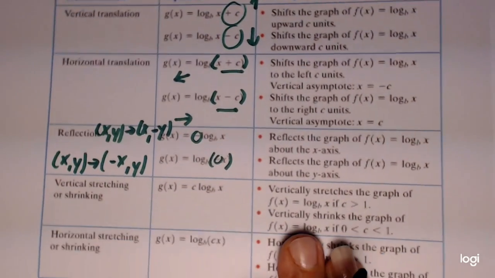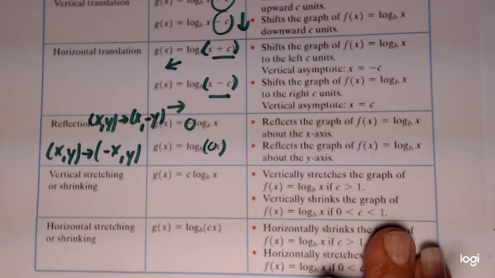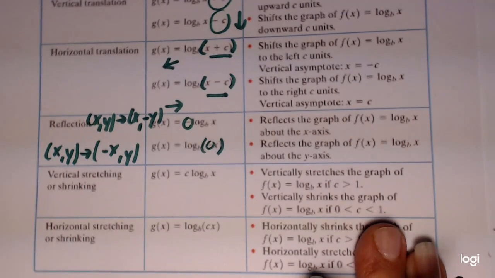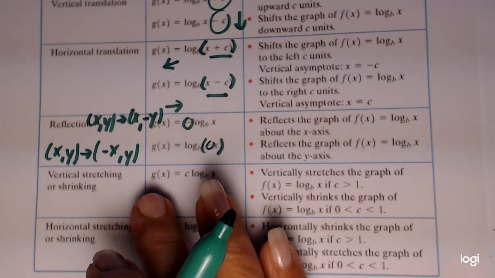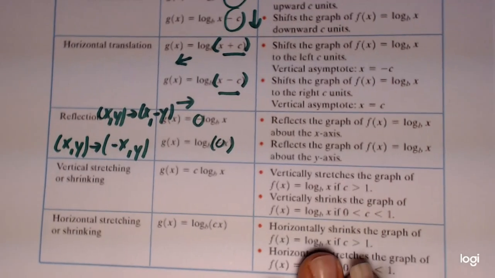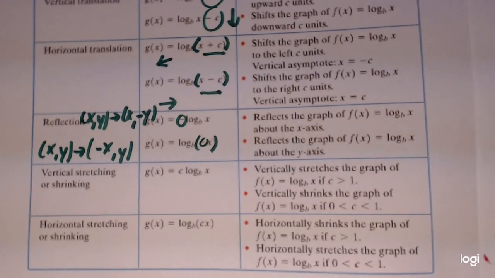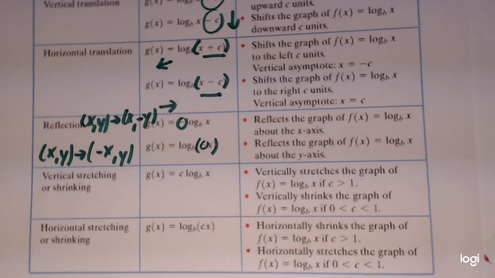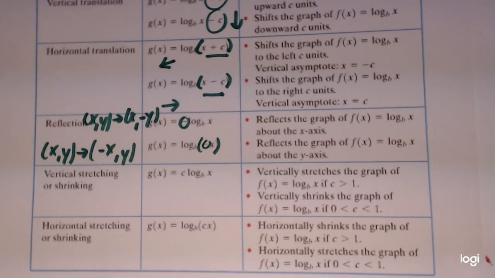As I said earlier, the log functions are not easy to graph manually. So in terms of using transformations to make the vertical or horizontal shape changes, the shrinks and the stretching, those are best done either using technology or making a table of values.